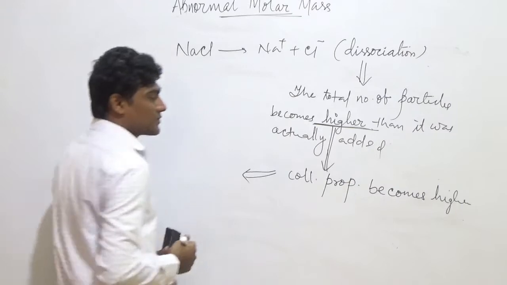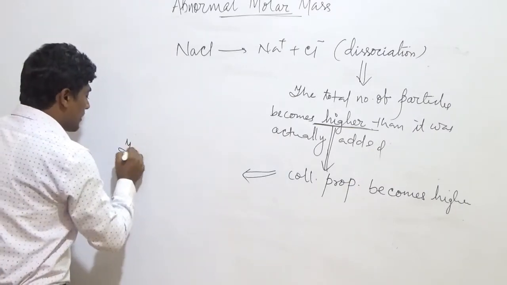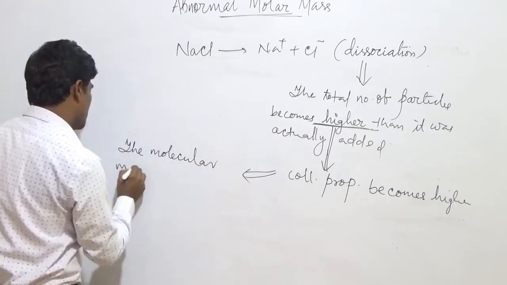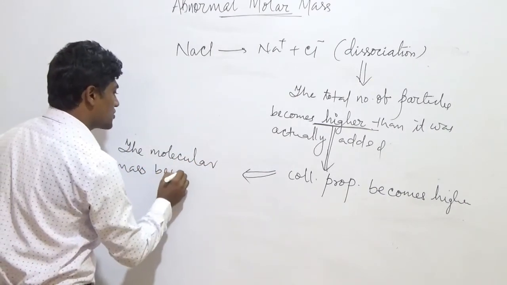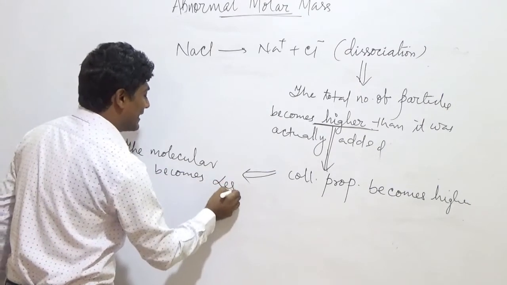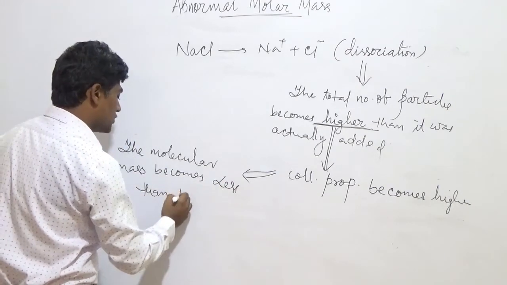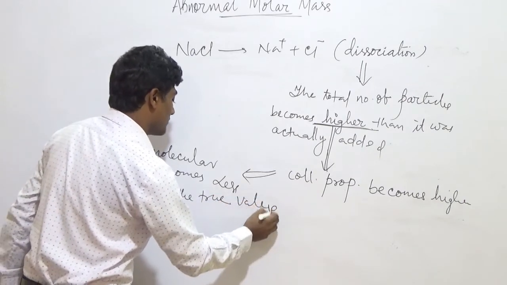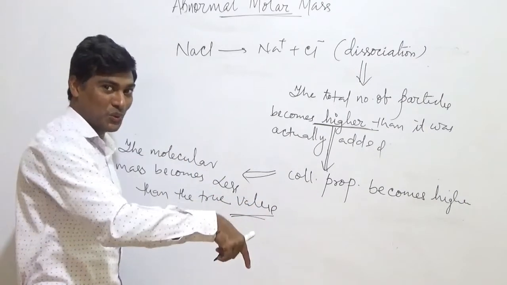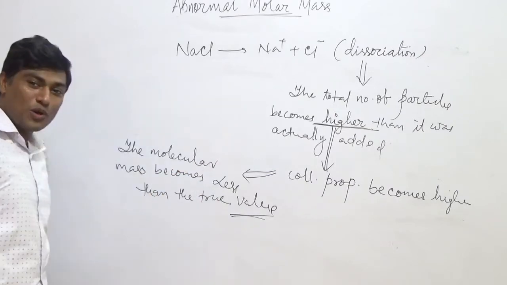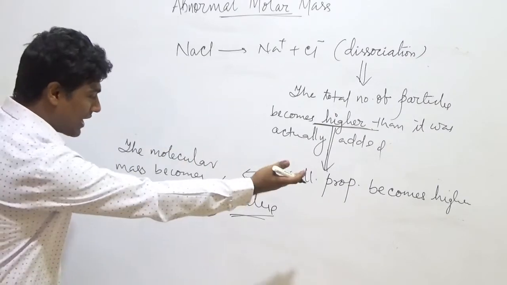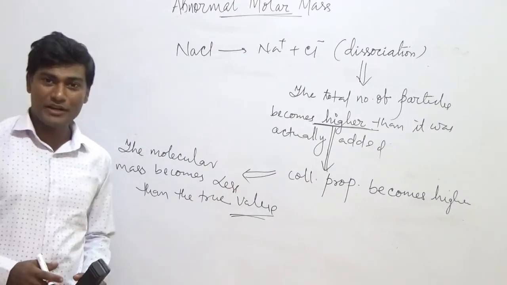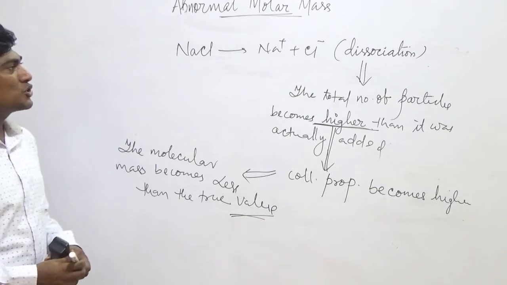Since colligative properties become higher, the molecular mass becomes less than the true value. Here also we get the abnormal molar mass. Colligative properties higher means the molecular mass will be less. Are you getting it? So these are the two cases.